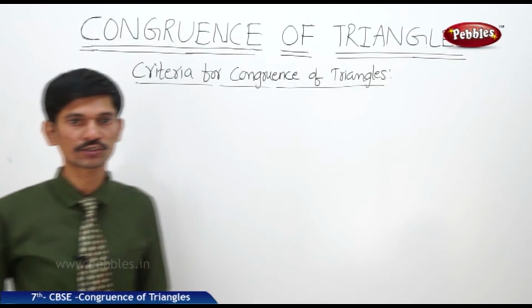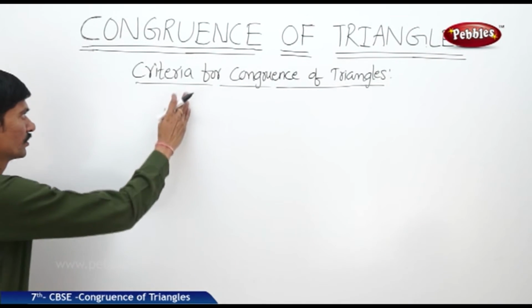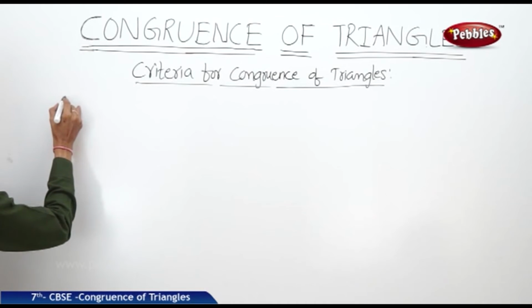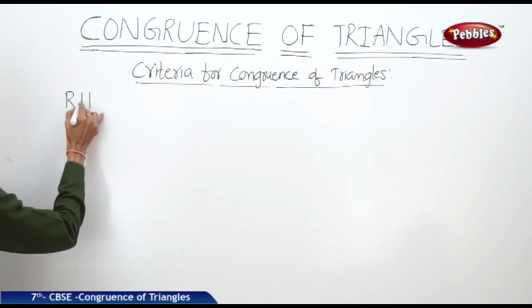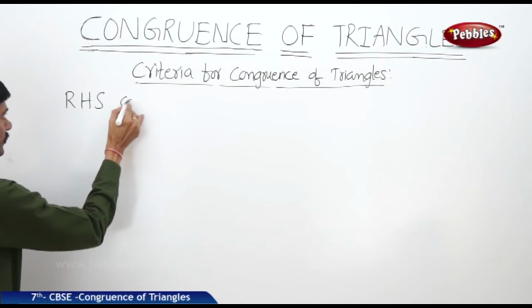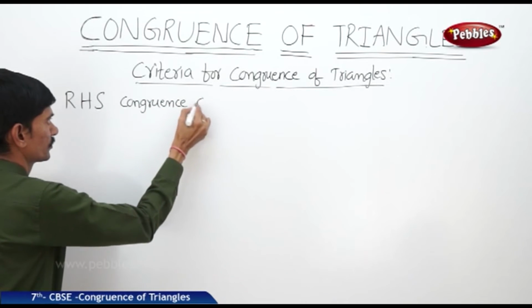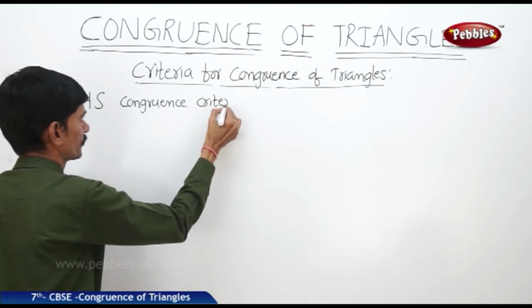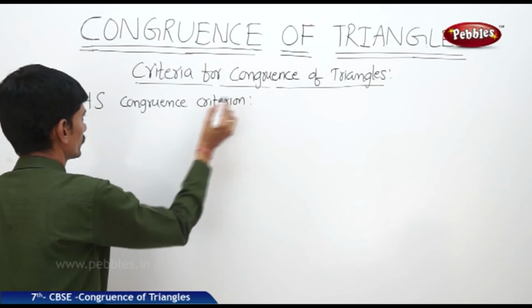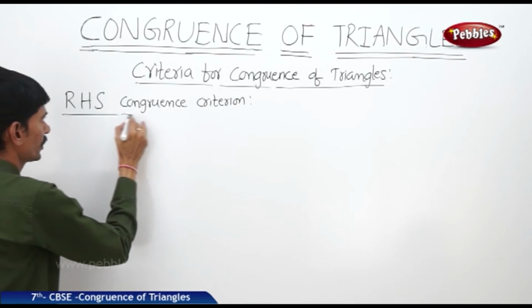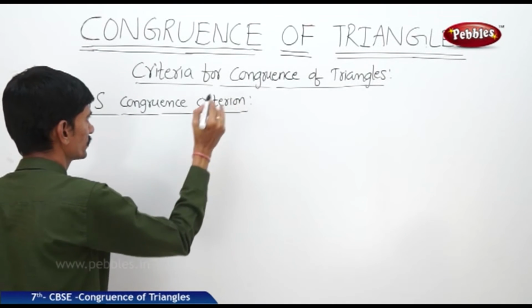Now let us see the next congruence criterion, that is the RHS congruence criterion: right angle, hypotenuse, side. Now the congruence among right angle triangles.